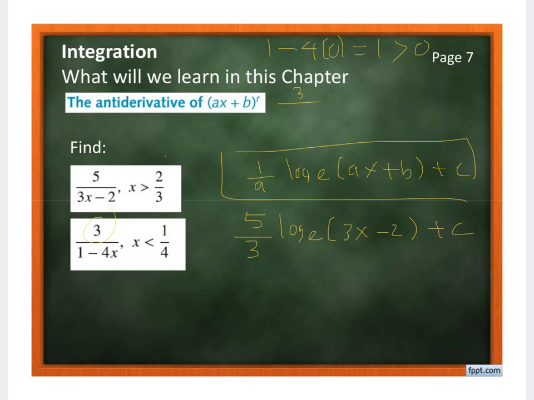Be careful, the x has a variable, so the a is negative 4, log e 1 minus 4x plus c. This is the answer.